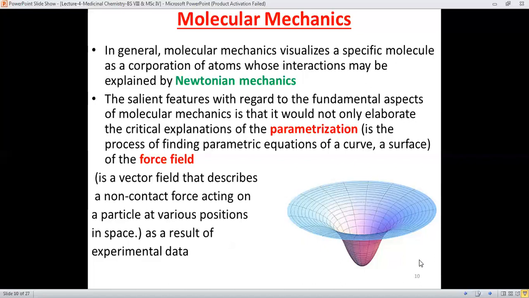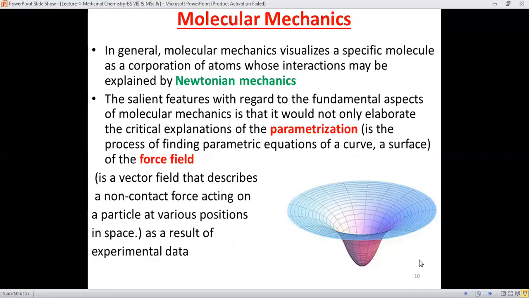What is parameterization? It is the process of finding parametric equations of a curve or surface. And what's the force field? A force field is a vector field that describes a non-contact force which is acting on a particle. It means that if it's a particle, then there are a number of forces acting on it, but they are not in direct or surface contact, and at various positions in space. It means the space around the molecule.